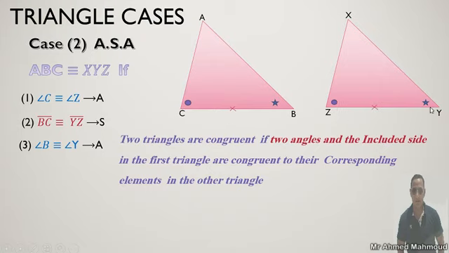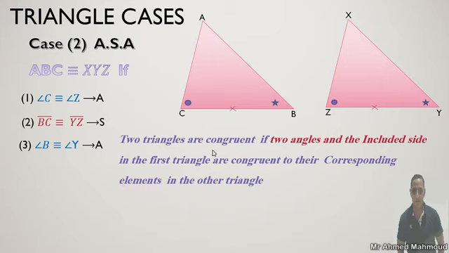I'm sorry, angle B and C. B and C are two angles, and BC connects between them, and Y and Z are two angles, YZ connects between them. Then we can say that two angles and the side between them. Here, two angles and the side connect between them. The case here is A.S.A.